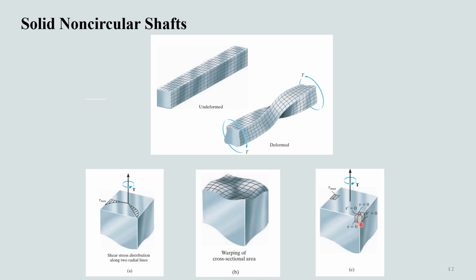One would expect the top face of this element to be subjected to a shear stress in order to aid in resisting the applied torque. This, however, cannot occur since the complementary shear stresses tau and tau dash acting on the outer surface of the shaft must be zero.